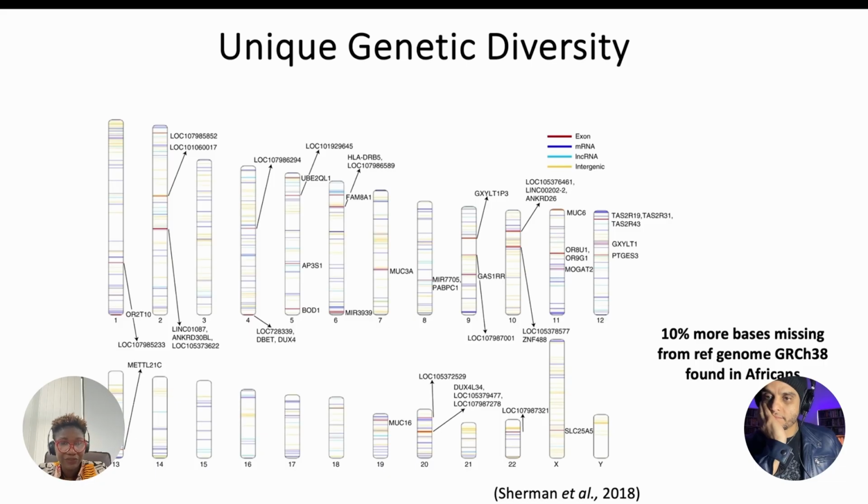Once these drugs are developed and brought to Africans, where they haven't been tested, there's a lot of variation in the genes that metabolize the drugs. And because we are more genetically diverse, we tend to have more variants impacting how these drugs are metabolized.